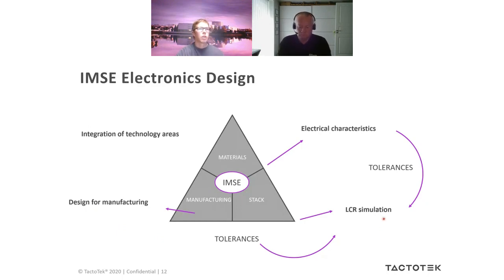Third, it's recommended to make inductance, capacitance and resistance simulations with known electrical characteristics of materials, the designed layout, and the proper material stack. And all of those we need to design with tolerances.